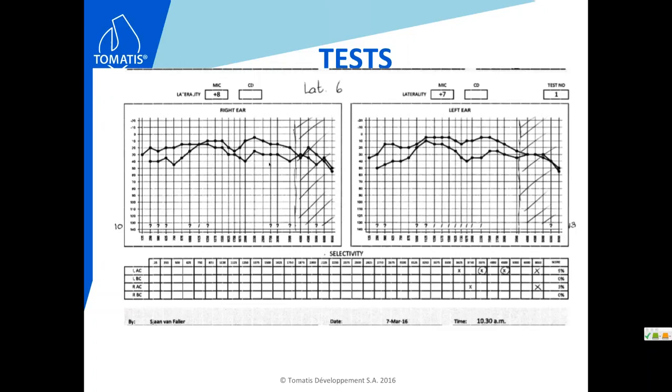Especially in the left ear, you see that from around 1500 to 3000 hertz. And in that same area in the right ear, there are gaps as well, but not as many.